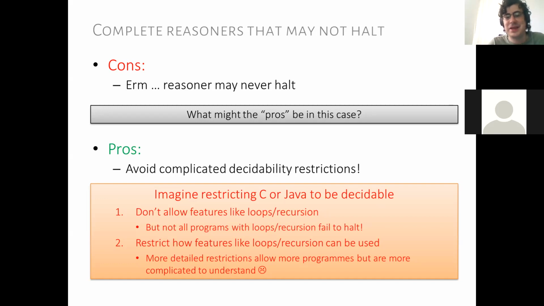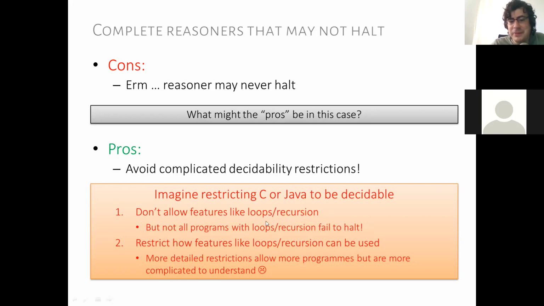So you could disable things like loops or recursion, right? But this would be too coarse because maybe some programs with loops or some limited forms of recursion are guaranteed to halt. These features are very useful in many cases. So it would be overkill to just remove these features because you would have a much less powerful language that couldn't do half of the things it can do, right?